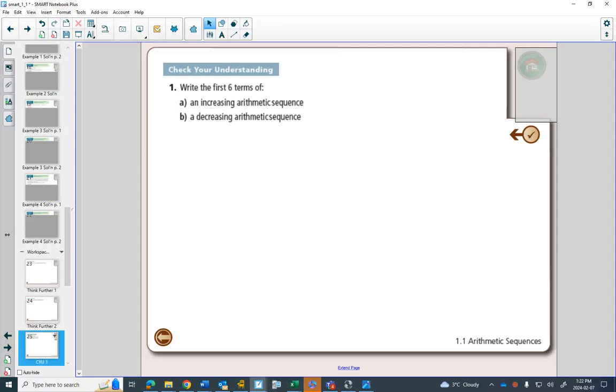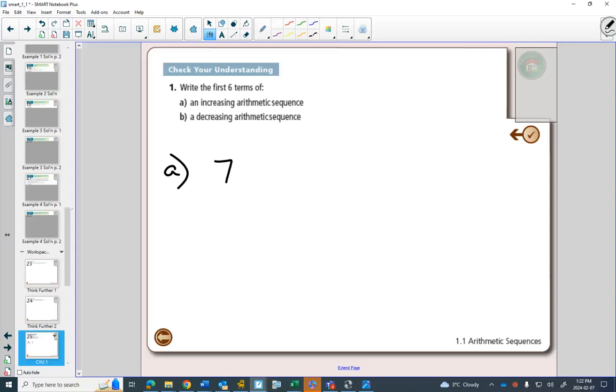And example 1 is really straightforward. If you had an increasing arithmetic sequence, you could start with any number you wanted. Anybody have a favorite number? 7. Oh, great number. And then you could decide to add, because you want it to be increasing, so we want the numbers to be getting bigger, you could add anything you want.